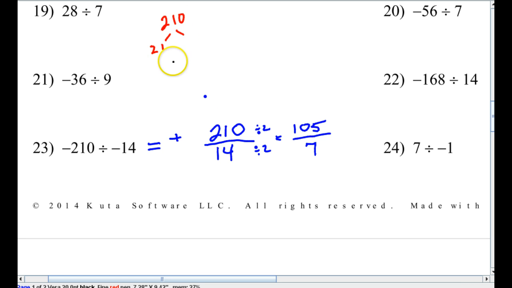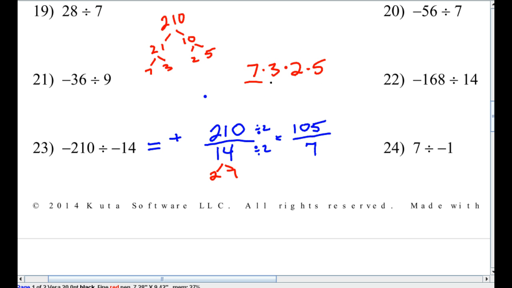210 equals 21 times 10, right? 21 is 7 times 3. 10 is 5 times 2. 14 is just 2 times 7. So if we look at it this way, we have a 7, a 3, a 2, a 5.